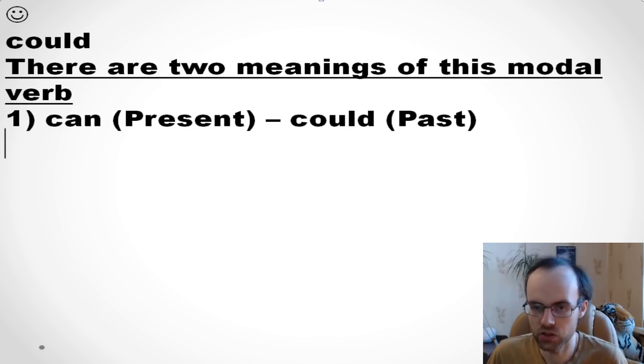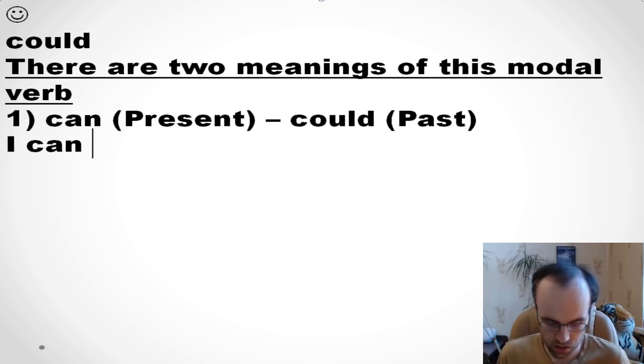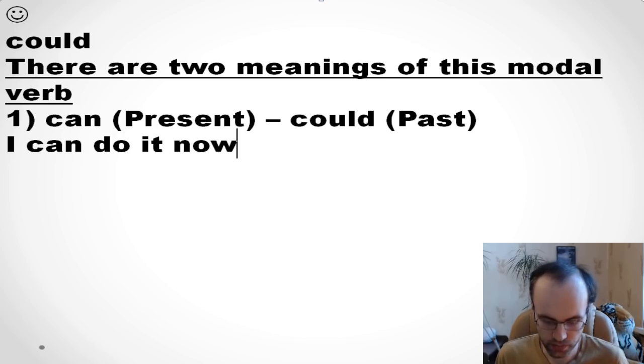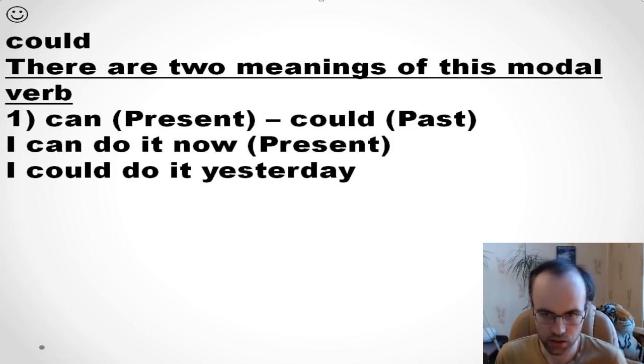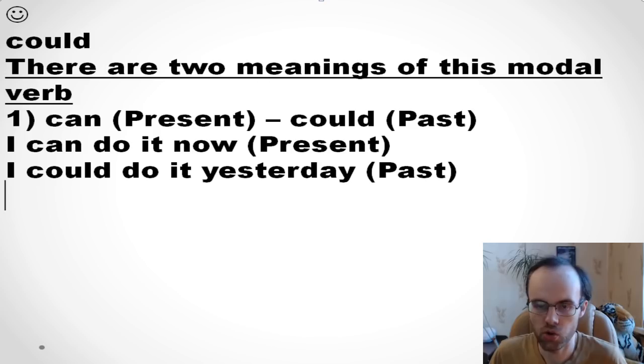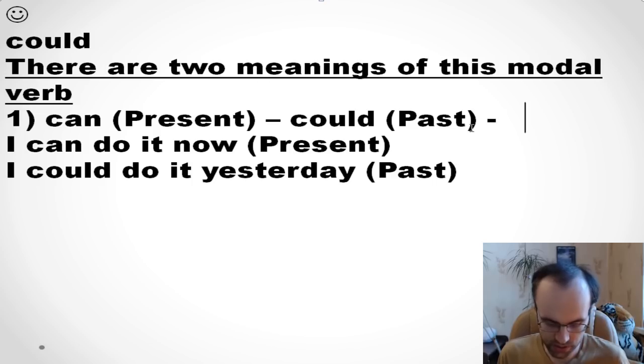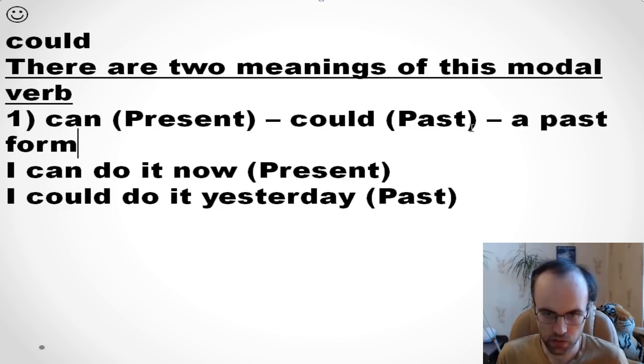I can do it now. It's present. And I could do it yesterday. It's past. So it's a past form of can.